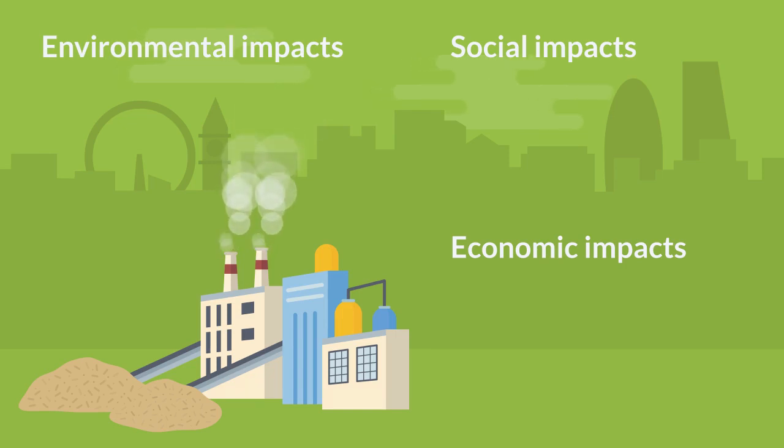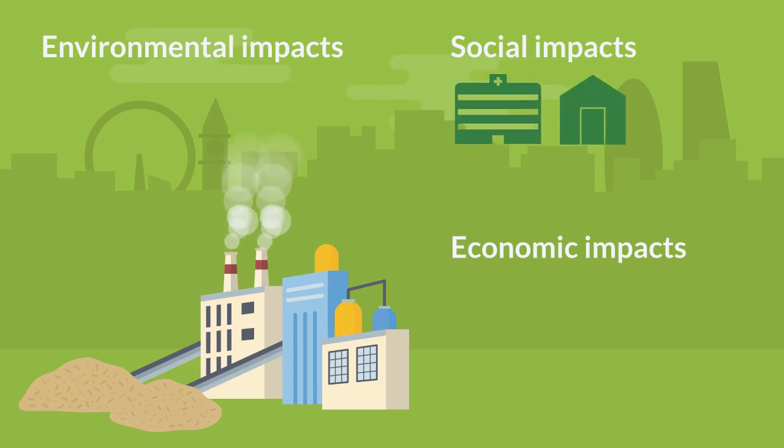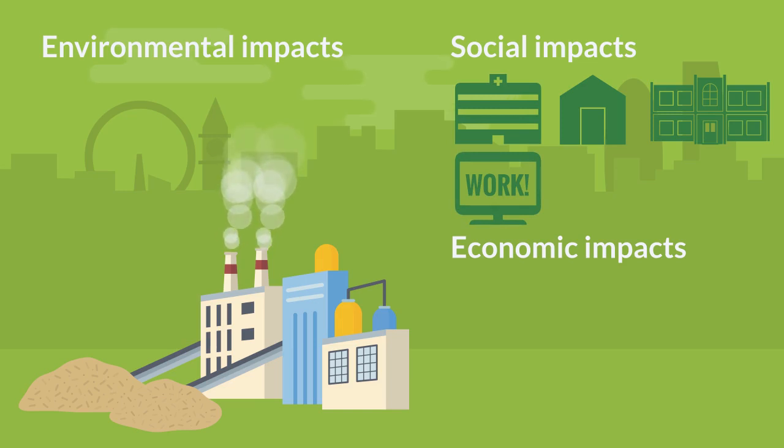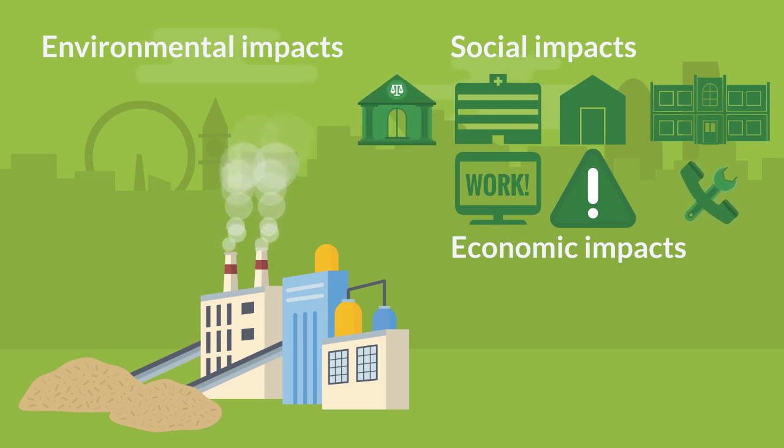Social impacts are linked to the social dimension of sustainability. For example, those related with the quality of life like health, housing, education, employment, safety, access to services, or those related to democracy and governance.